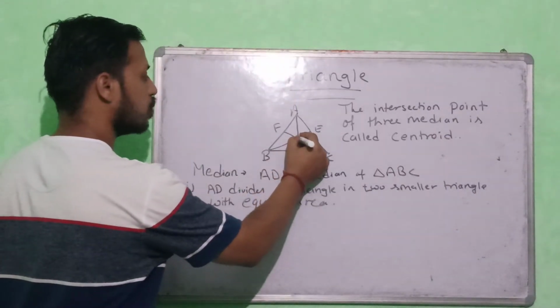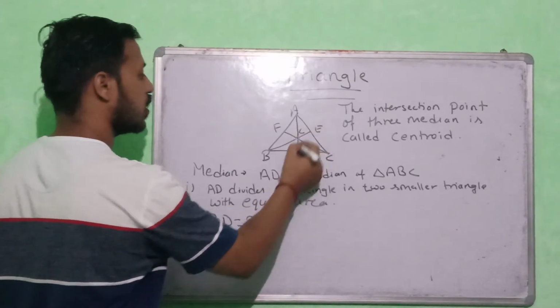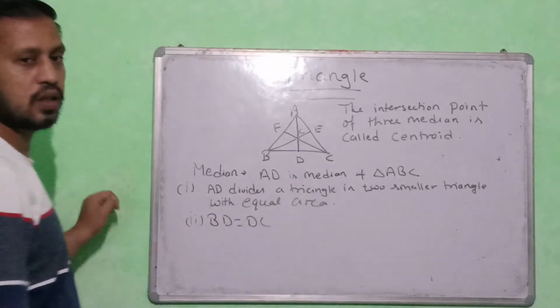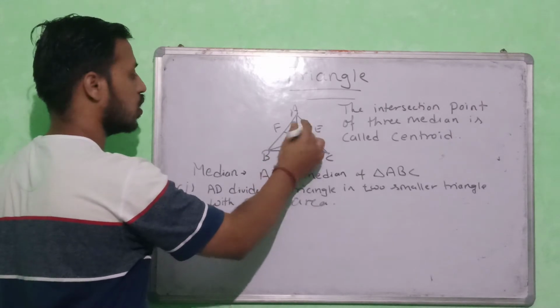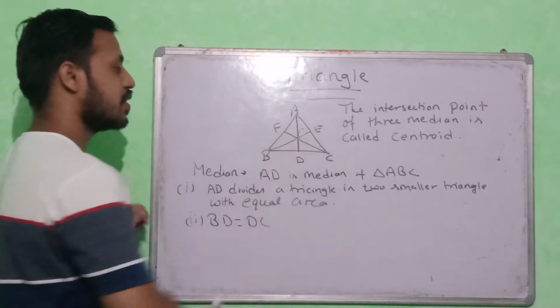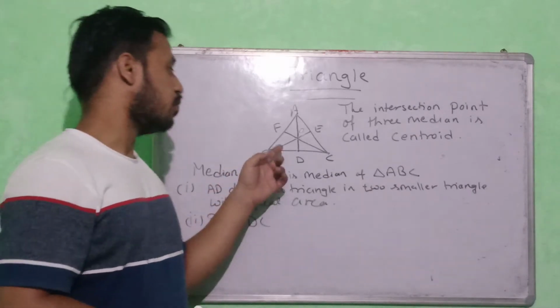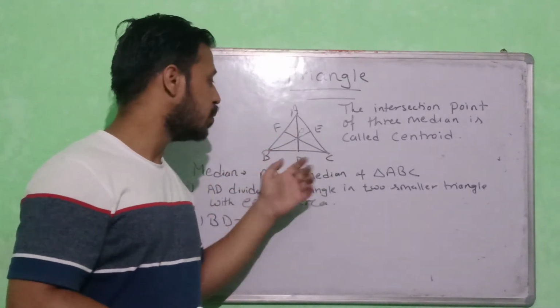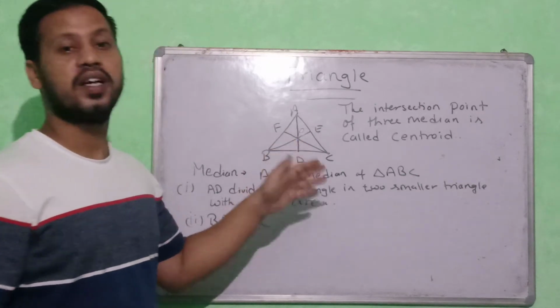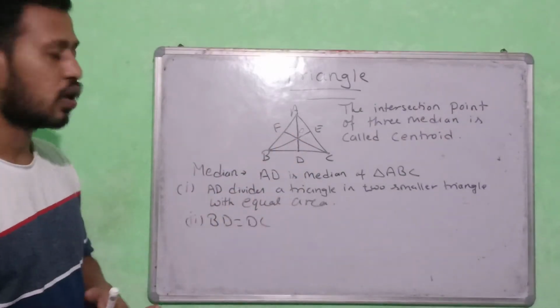Here we can name it O, since C is already used. This O is the centroid of triangle ABC. The point where the three medians intersect is called the centroid.